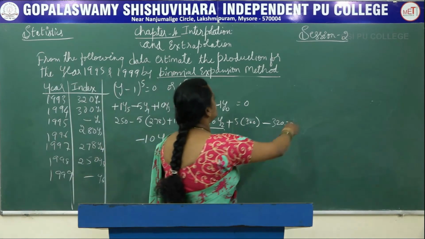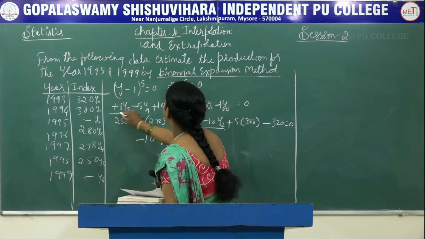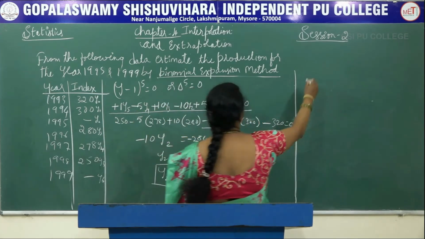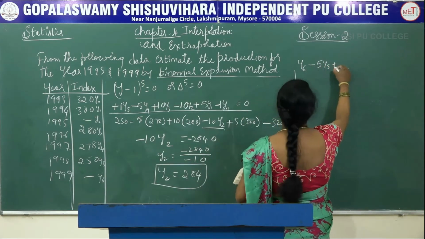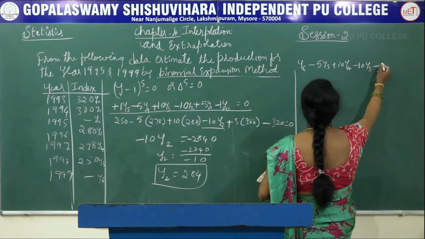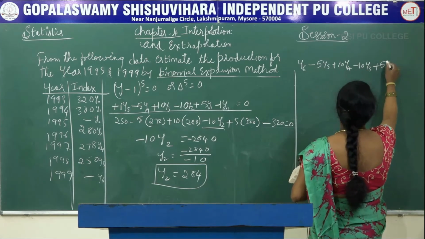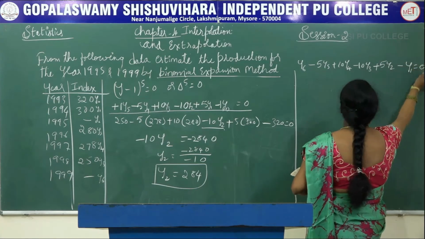Similarly, the next step is to find the value of y6. Here again we will change the suffix of this equation, that is y6 minus 5y5 plus 10y4 minus 10y3 plus 5y2 minus y1 is equal to 0.